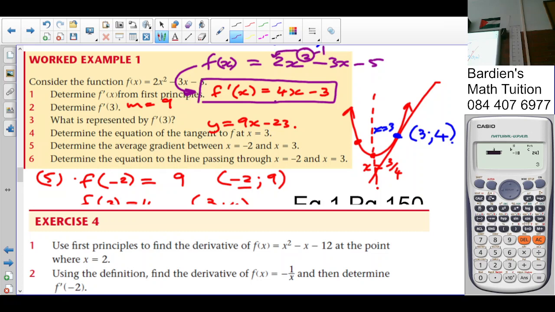And if I minus 1 from that exponent, I get 1. There's a 1 on that x. What is 1 times negative 3? Negative 3. If I subtract 1 from the exponent, we get 0. Anything to the power 0 is 1. So that is 4x minus 3.